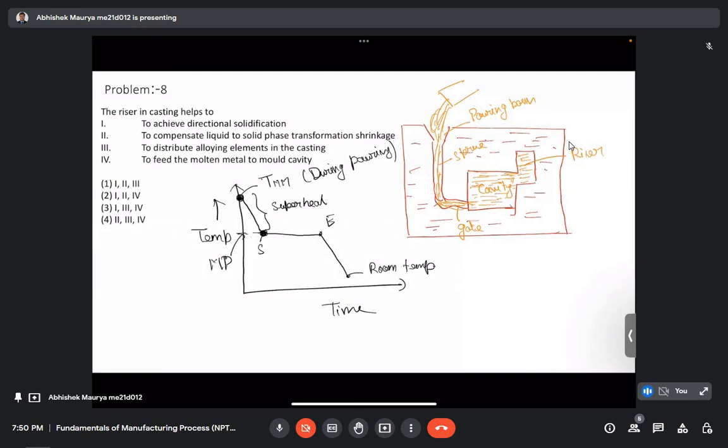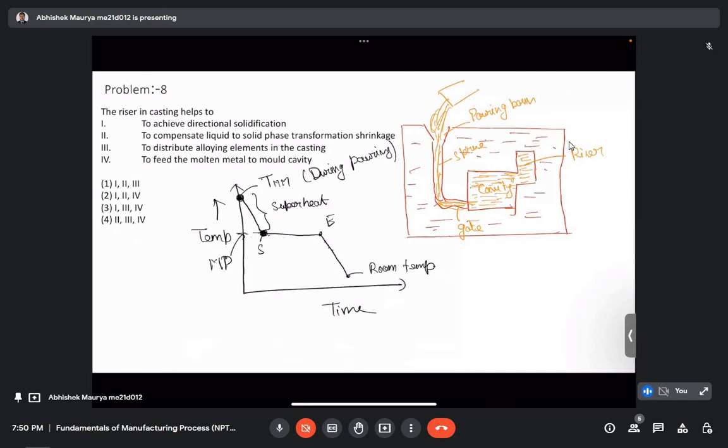So the temperature falls from the molten metal temperature to solidification temperature, then molten metal starts converting into solid, and then the solid temperature falls down to room temperature. This is the overall temperature time curve.